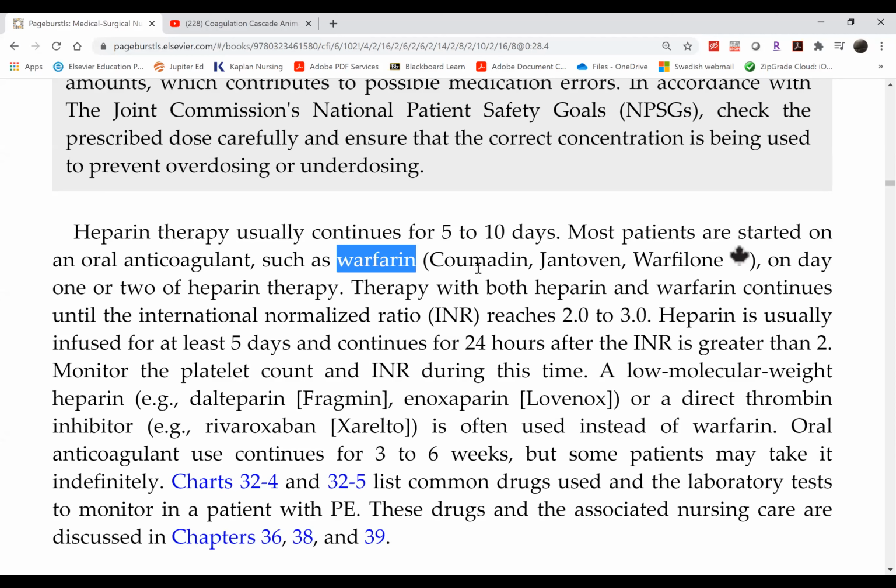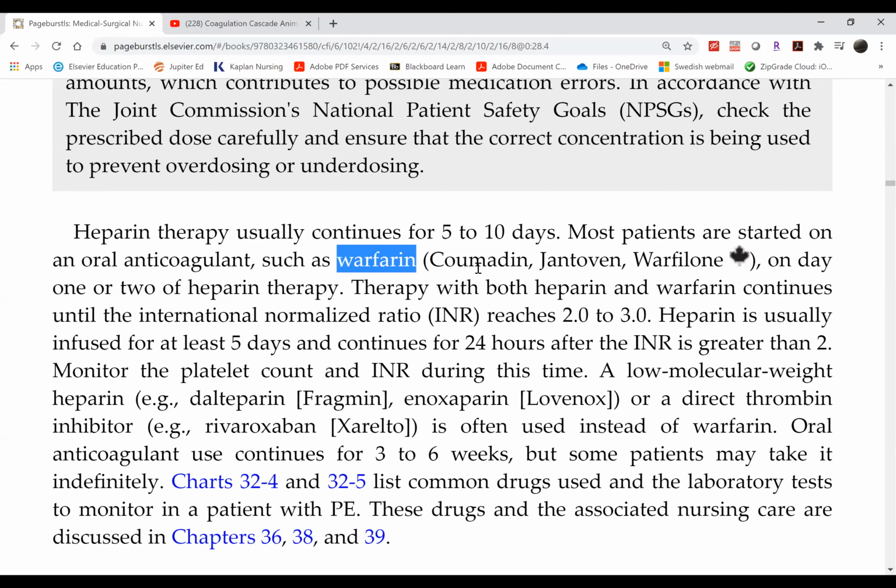Therefore, when you give warfarin today, it will only affect future formation of clotting factors. It has absolutely no effect on the existing clotting factors already present in the plasma.